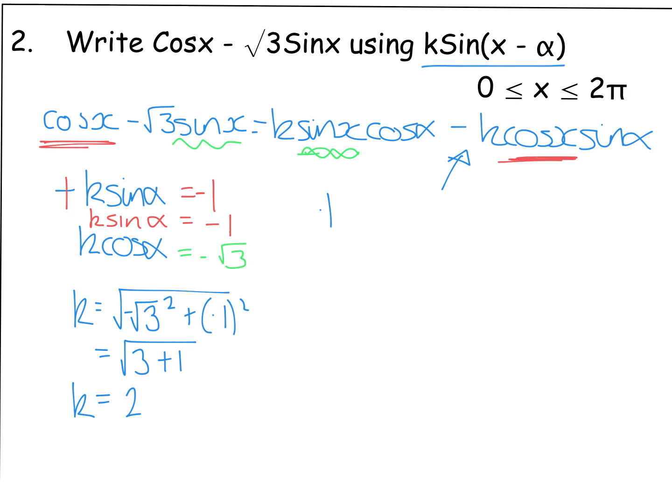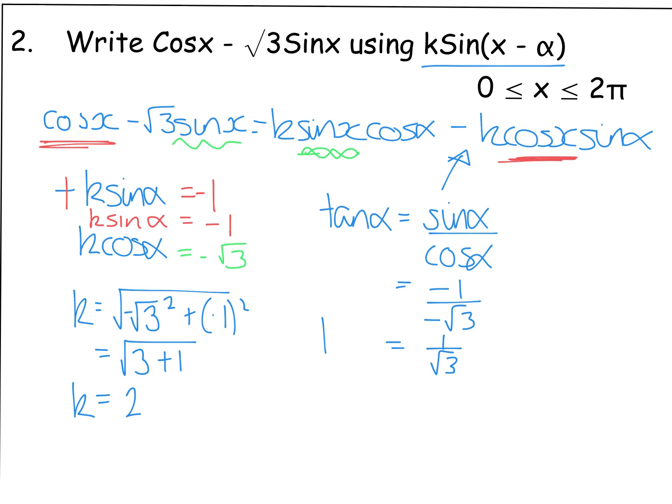This is a bit that gets confusing when there's negatives involved. So tan alpha is going to be sine alpha over cos alpha. Sine is negative 1 and cos was negative root 3. So that just turns into 1 over root 3.